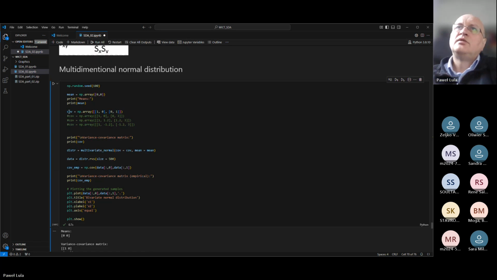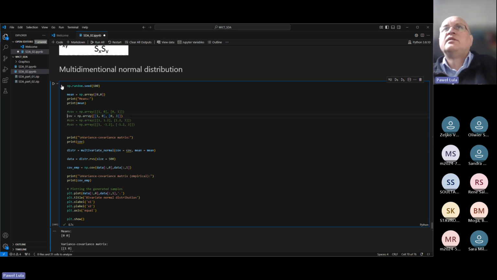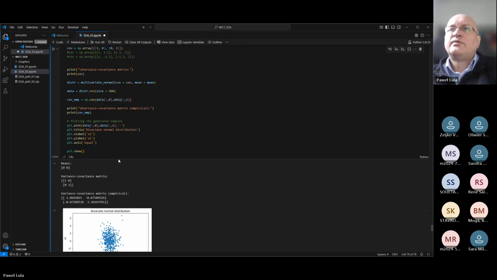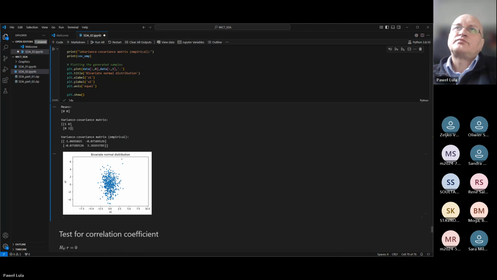We can, of course, change it. Now we have a variance-covariance matrix of this form. For x, the average distance from the average value equal to 0 is 1, and for y the standard deviation is the square root of 3, which is about 1.73.